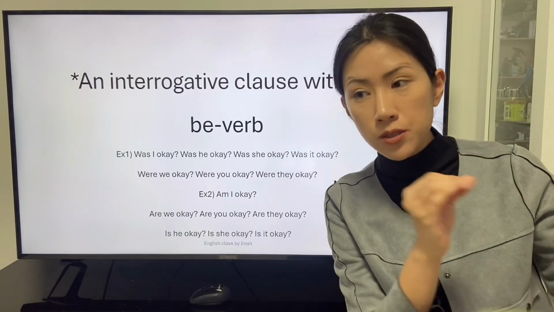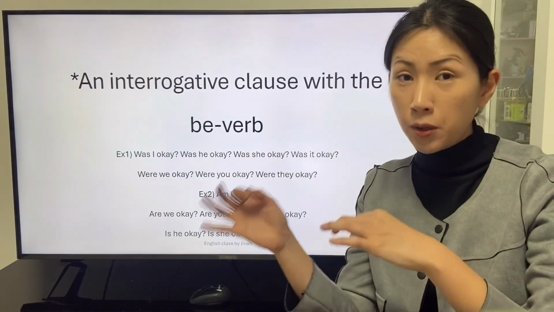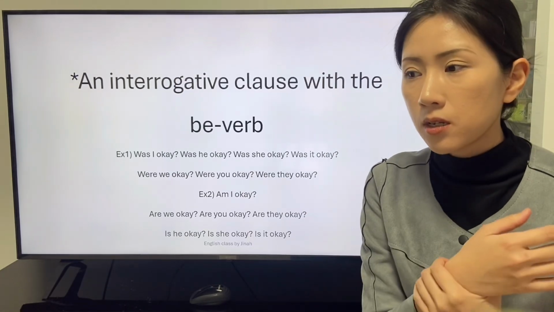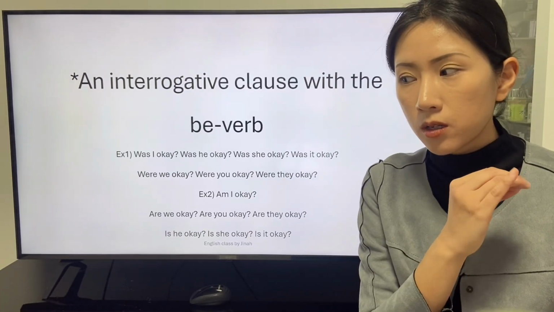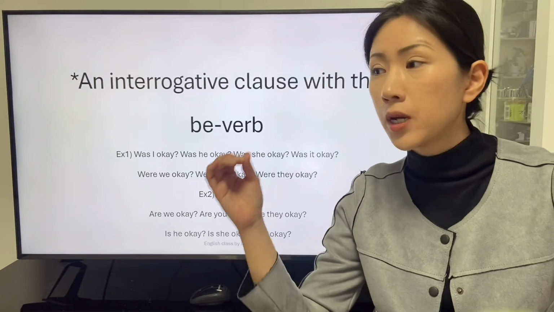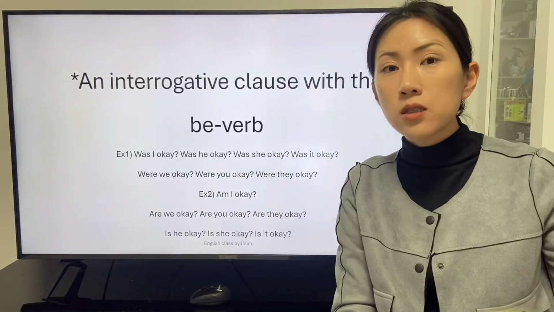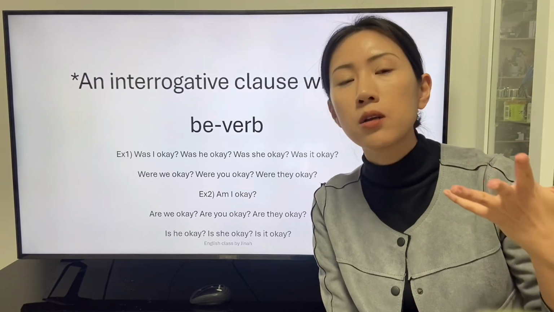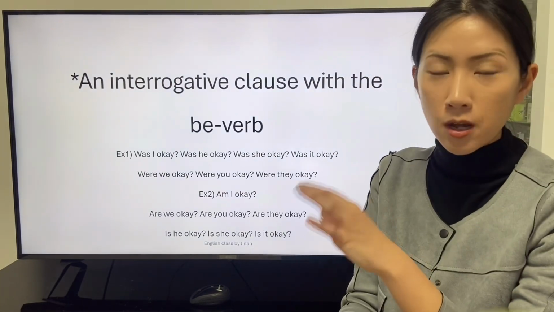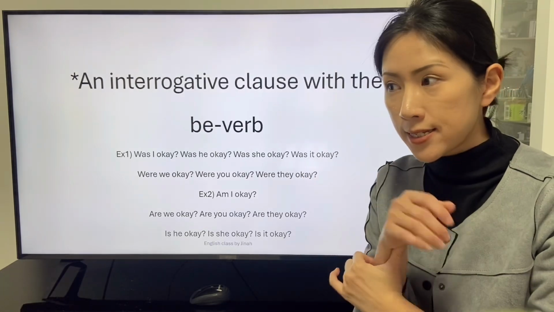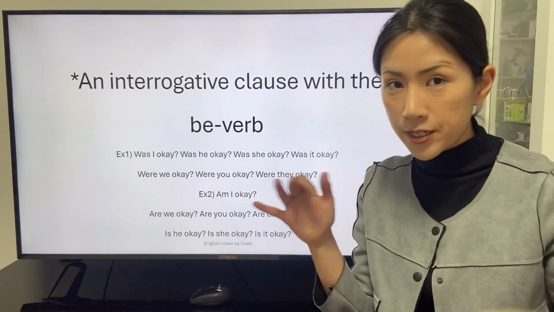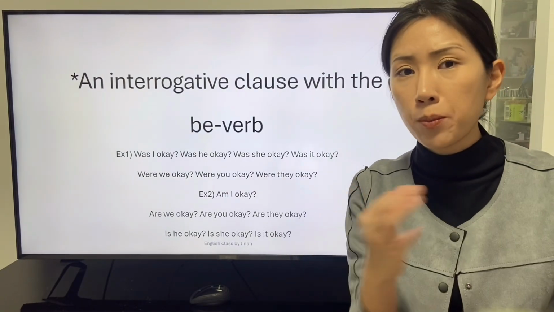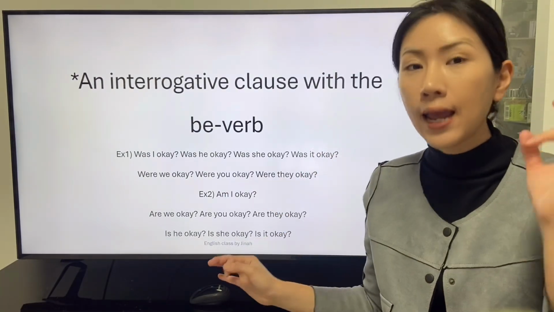The existence or condition of the plural subject is described with the form of the be verb are. The existence or condition of the singular subject that is not a participant in the conversation is signified with the form of be verb is.